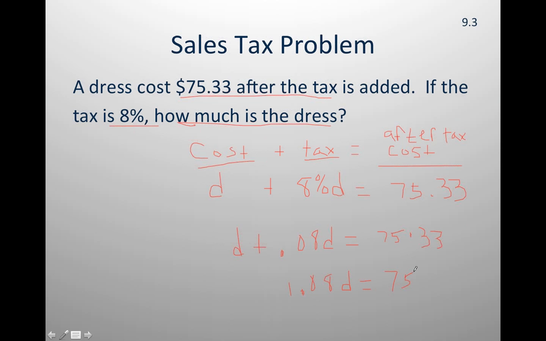Then I get to divide both sides by 1.08 to figure out how much the dress costs.